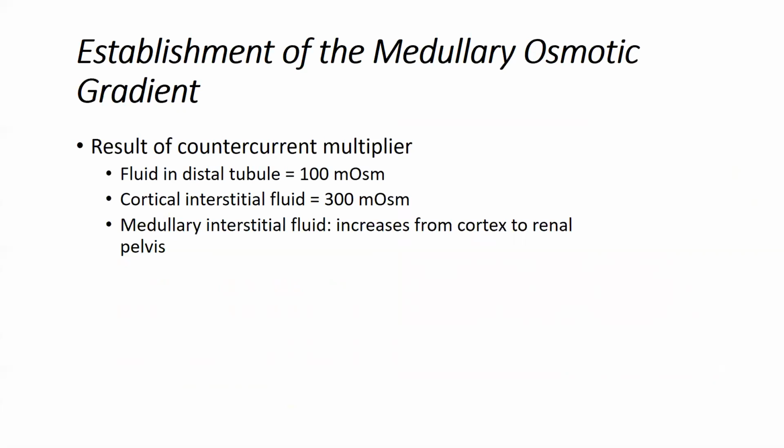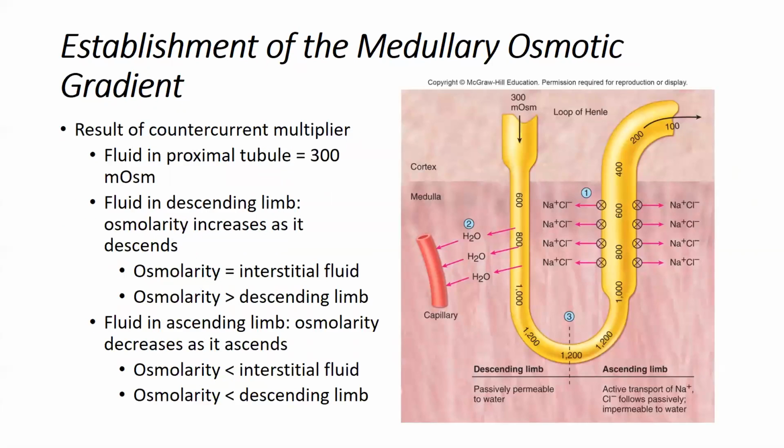Let's point that out again back here. So we have this sort of watery cortex where we have 300 milliosmoles and a very salty medulla. So we have a gradient from top to bottom, but then we also have a change in osmolarity from descending to ascending limb.